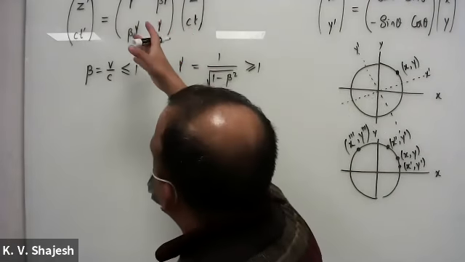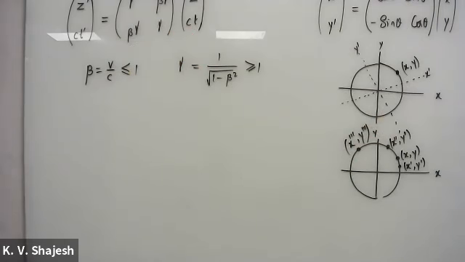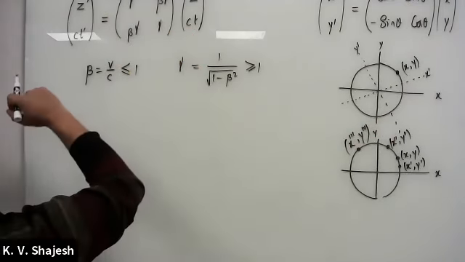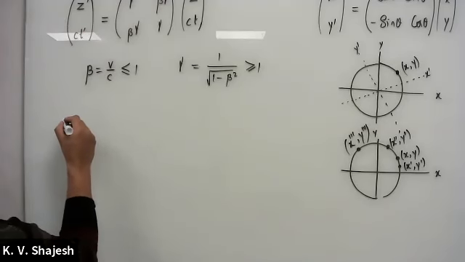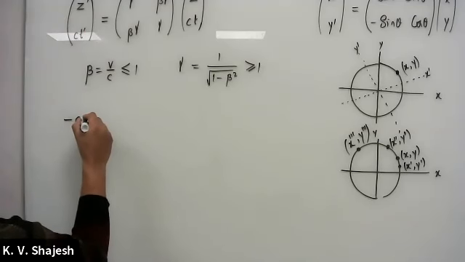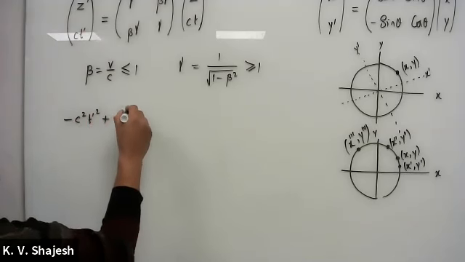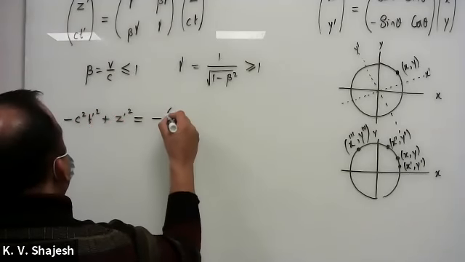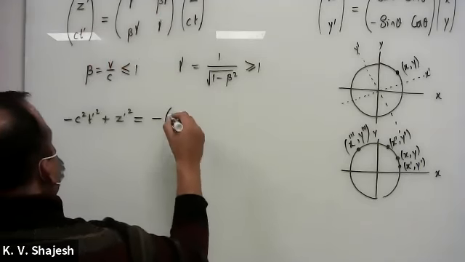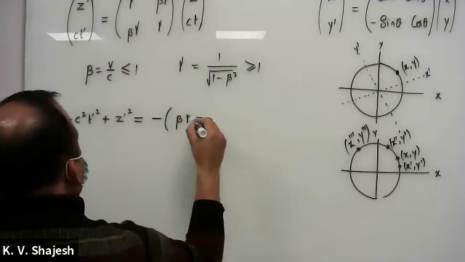What is the analogous understanding of Lorentz transformation? So let's see. We already noticed that if I were to calculate minus c squared t prime squared plus z prime squared, that comes out of, if I were to substitute this, c t prime is minus beta gamma times z plus gamma times ct, like a matrix equation.